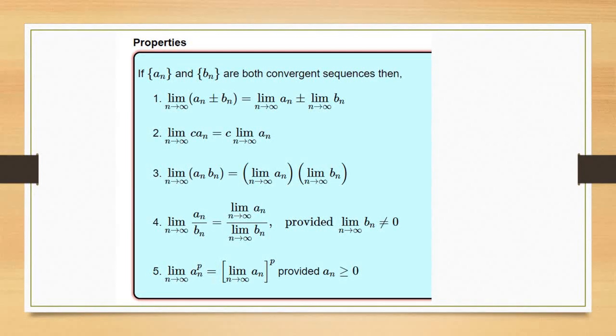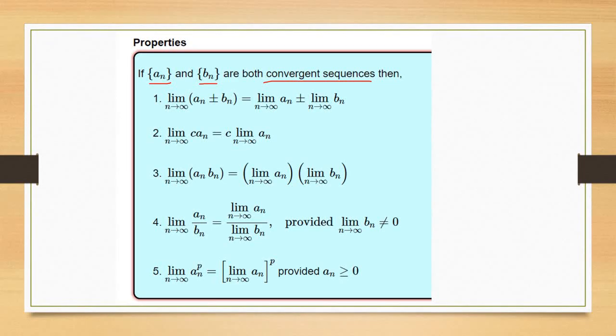Now, here are some properties of the limit of sequences. If a sub n and b sub n are both convergent sequences, meaning the sequences have limits and their limits are not infinity.